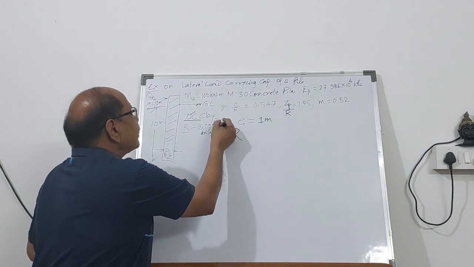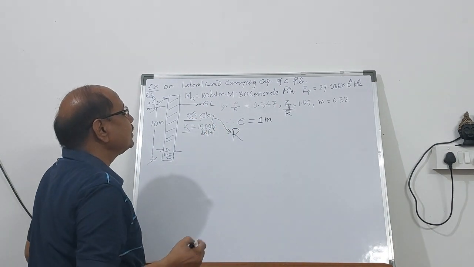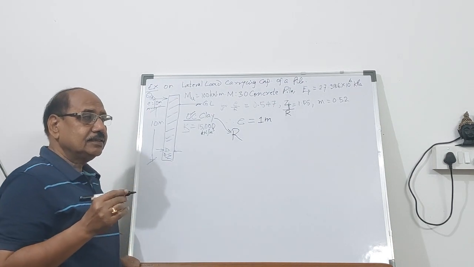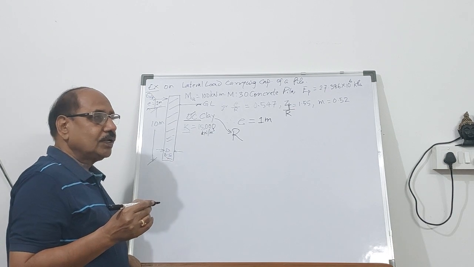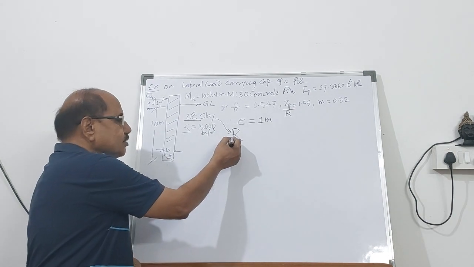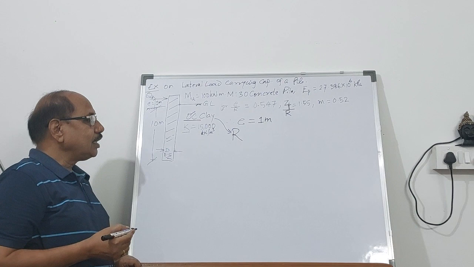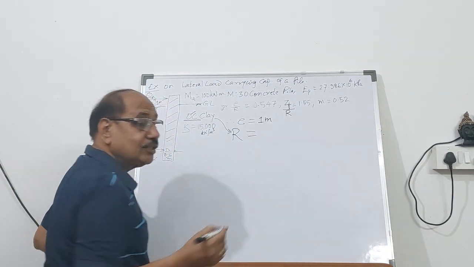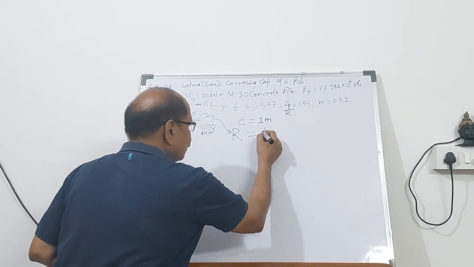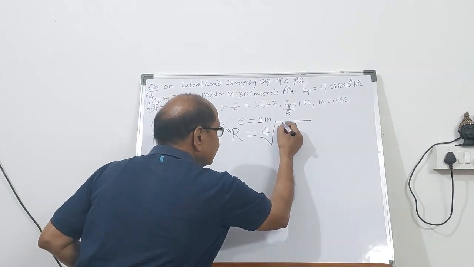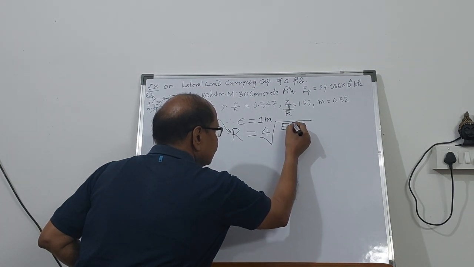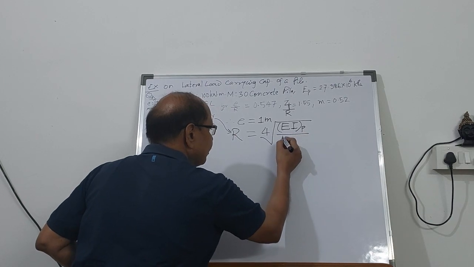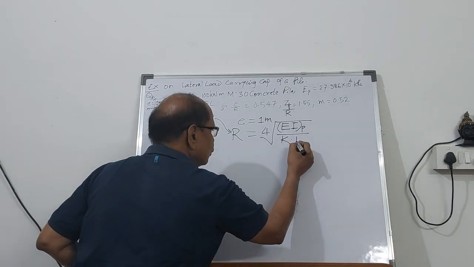For over consolidated clay, the relative stiffness factor is called R. If it is normally consolidated clay or sandy bed, then the relative stiffness factor is called T. And you know the value of R I have given you in the last video is the fourth root of EI of the pile divided by K into B.